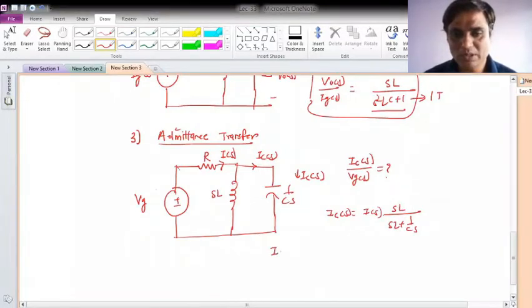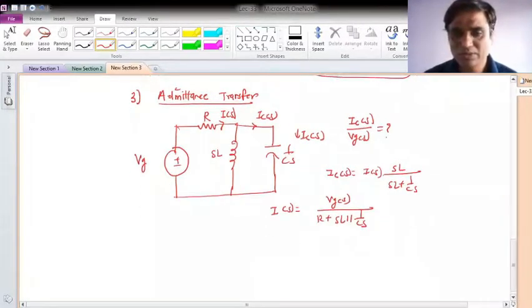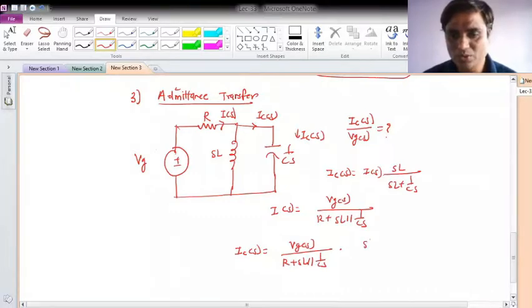And what is my I of S? I of S will be VG of S divided by R plus SL parallel with 1 over CS.